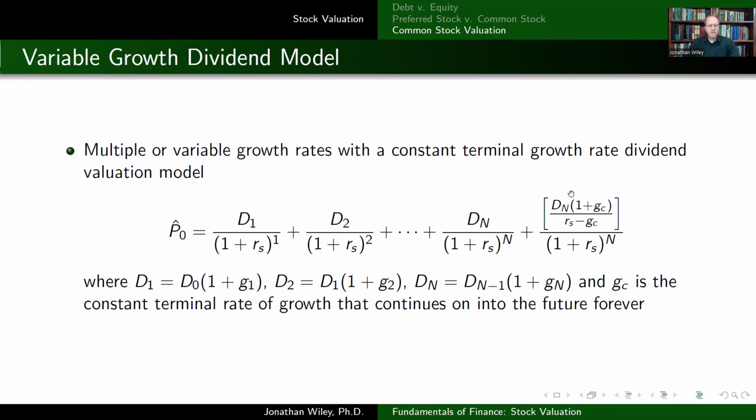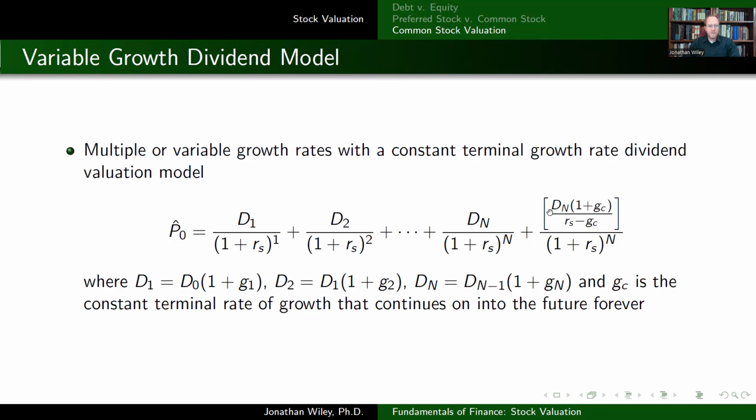This term would then find the value of all dividends after point in time n, as of point in time n. So let me use some numbers here. In my example, if I said it's going to grow at 20% for 4 years, n is going to be 4. So I'd have a D1, D2, D3, D4. Then I would find D5.